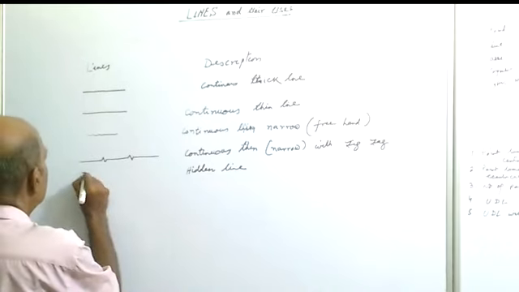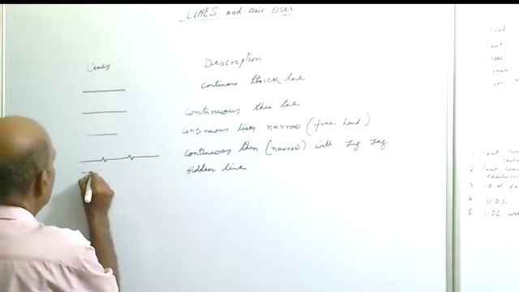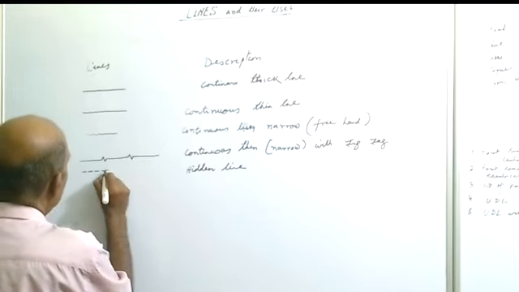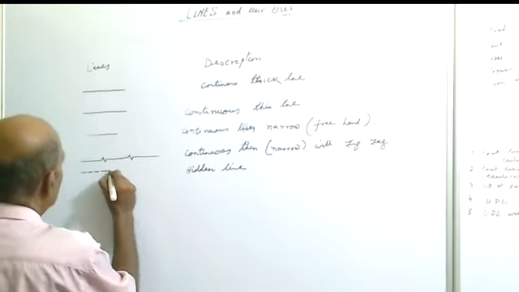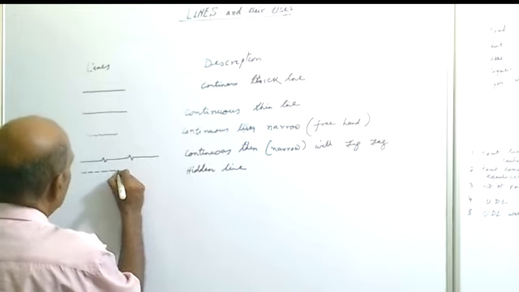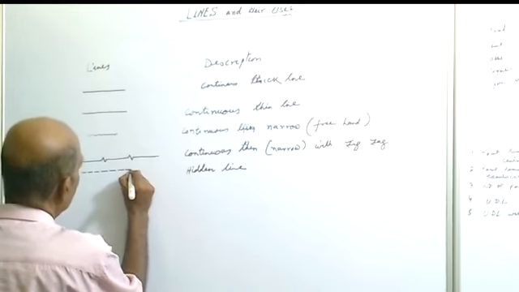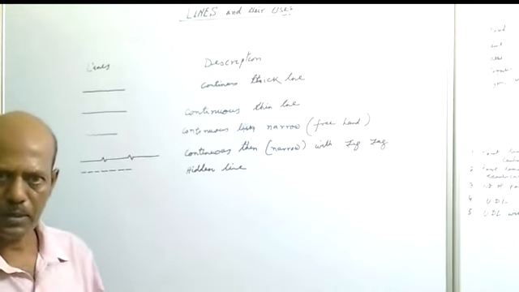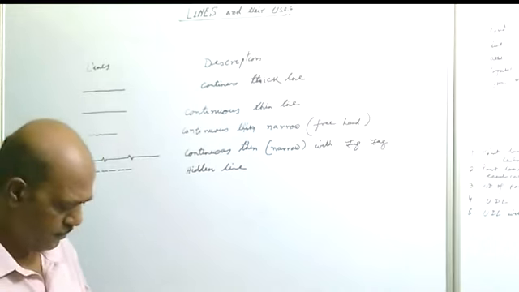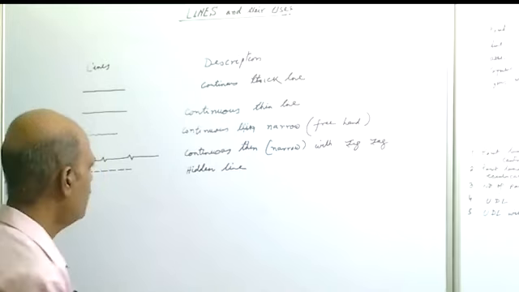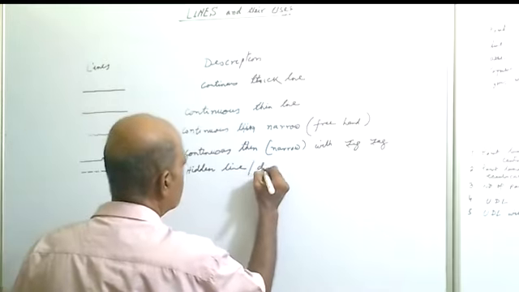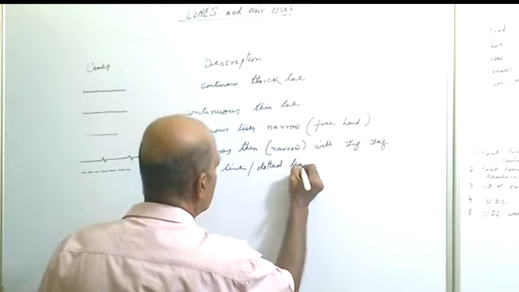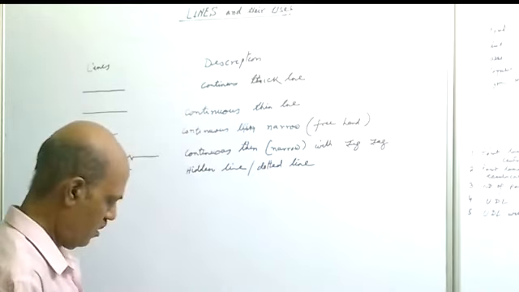It is a continuous thin line, but placed in small dashes of 4 to 5 millimeter, with a gap of 2 to 3 millimeter and uniform spacing. It is used to show the hidden portion of the object. It is also known as dotted line.